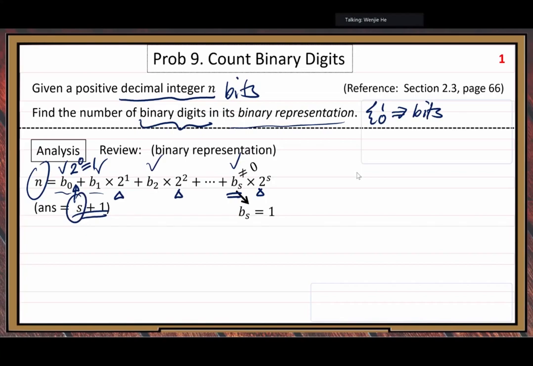Our input data is only one number, n. We're not given s. So your answer expression should be in terms of n, not in terms of s.